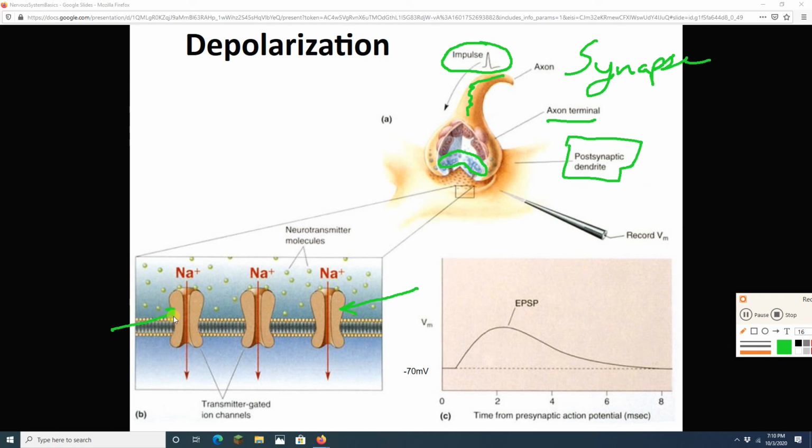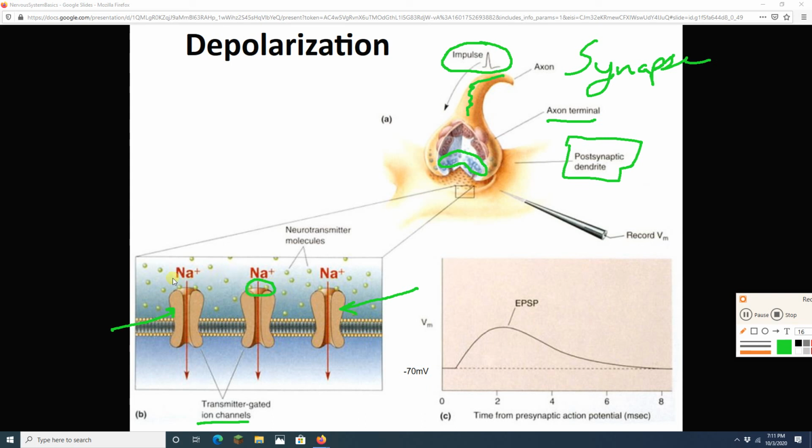And these receptors are ion channels, and they are said to be transmitter gated. That means they'll be open or closed depending on whether or not a neurotransmitter is bound to them. So when the neurotransmitter binds to these, they open up.